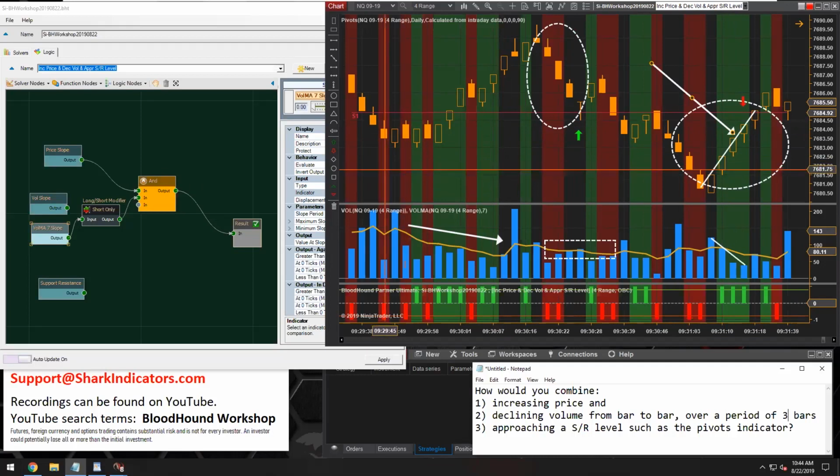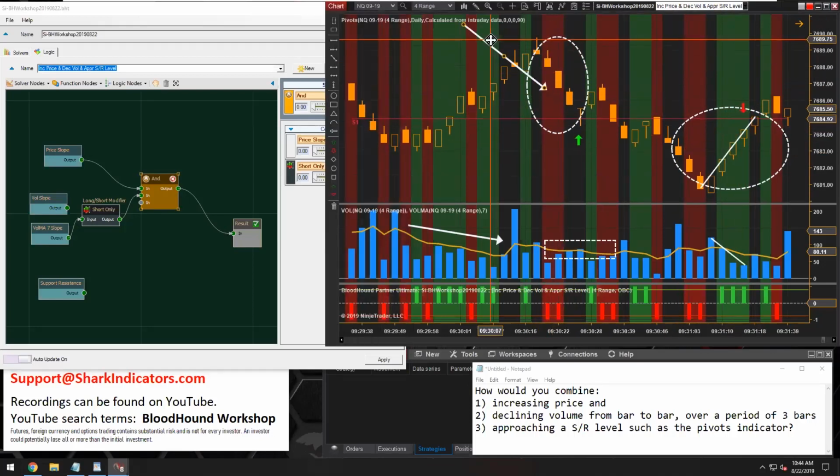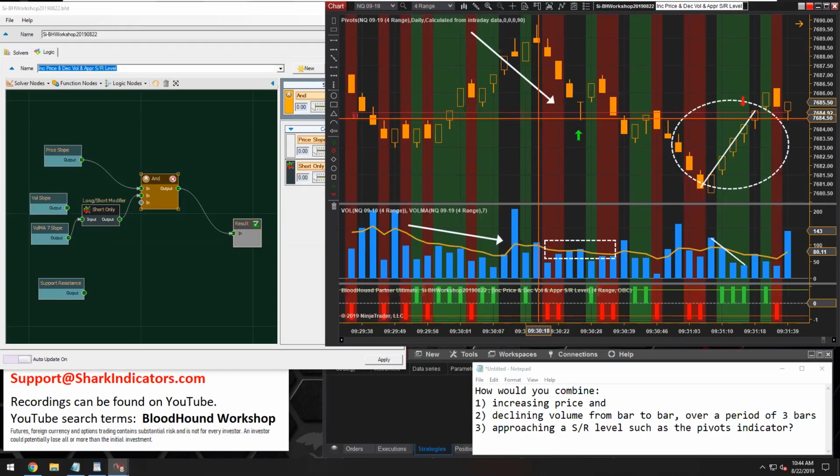So next step is from this AND node, right? I'm going to be looking for a minimum of 3 long outputs or a minimum of 3 short outputs. So actually, we can see here we're only getting 2 short outputs right here. So this actually is not going to generate a long signal for us.